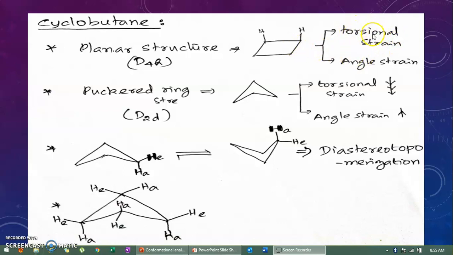Apart from this eclipse strain, or torsional strain, we also have angle strain in the molecule. So this planar structure has torsional strain as well as angle strain. Suppose the cyclobutane molecule assumes a puckered ring structure. What happens? Now the molecule is not planar, therefore torsional strain decreases to a large extent.